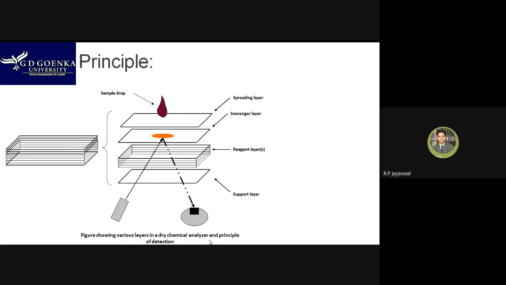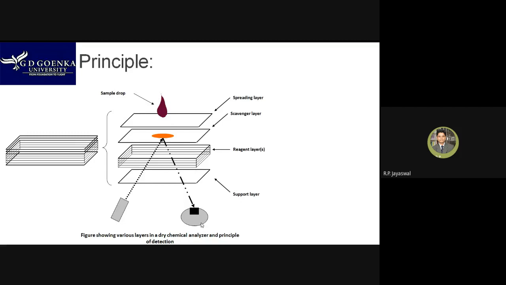And this is the principle of detection of reagents. What is the principle of detection? When the sample is added to the spreading layer, it goes to the reagent layer through the scavenger layer. After that it produces a color, and we can measure the intensity of the color here, and we can display the result.